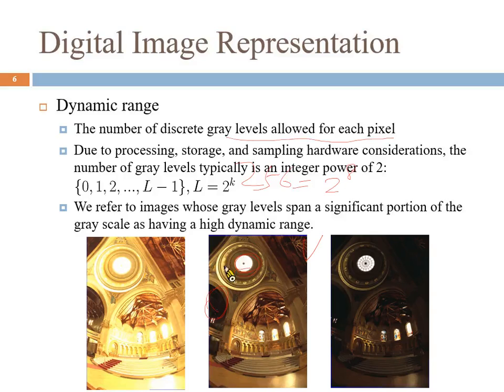So basically, high dynamic range images often present high image contrast, and we can see more details in high dynamic range images. And the technology of high dynamic range images is still an ongoing research topic.